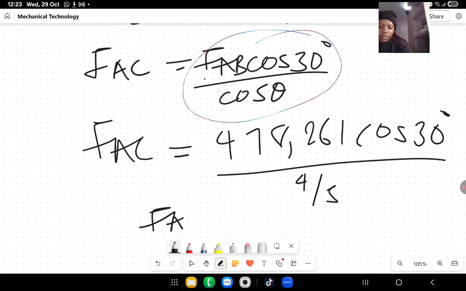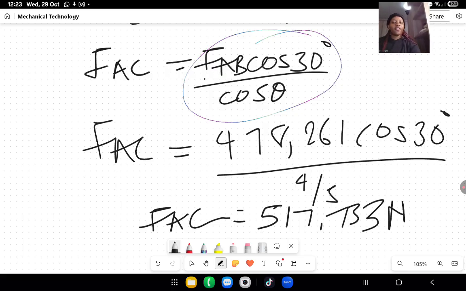So FAC equals 478.261 cos 30 divided by 4/5, which will give us 517.733 newtons. So we have now found the forces that they were looking for.